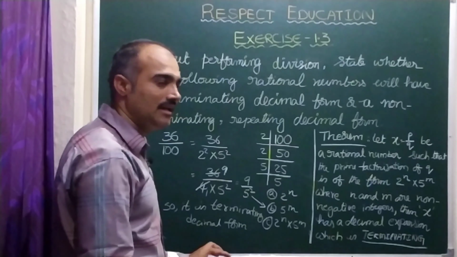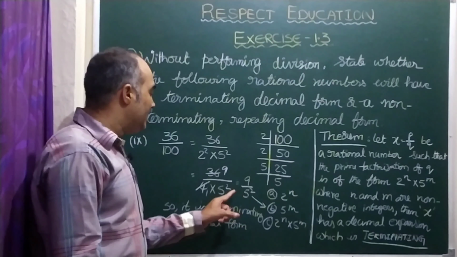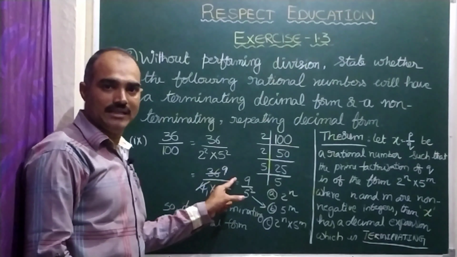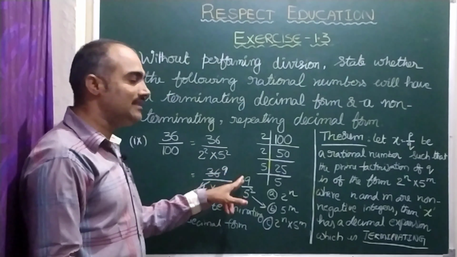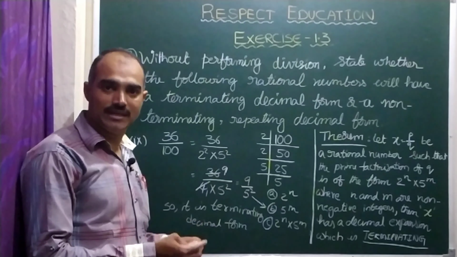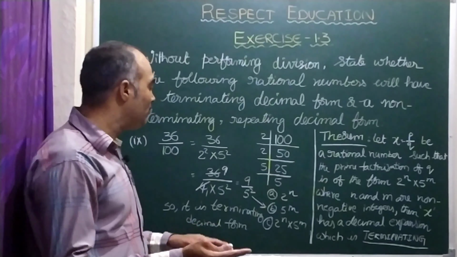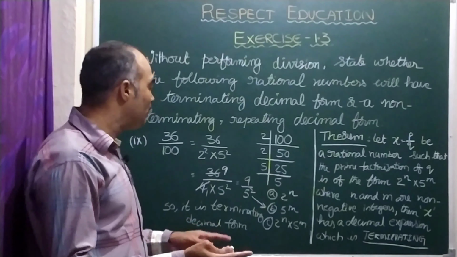And one more thing children, it is not compulsory to cancel. You may leave it, it is optional. But if you make a habit of doing cancellation wherever it is possible, that will be helpful for you in the case where it is non-terminating, right?